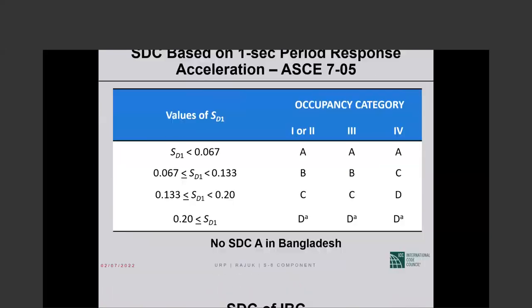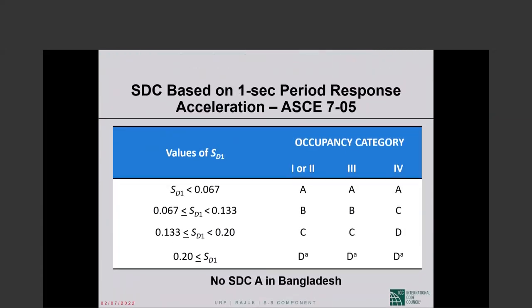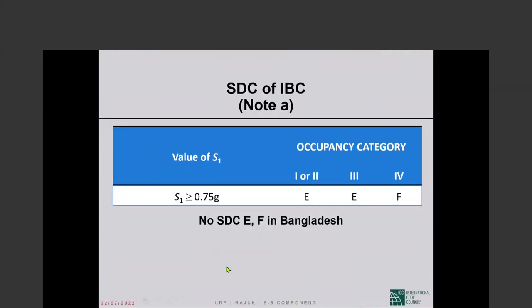Okay. Now, the tables give you A, B, C, D, but then there are those notes to go with the table. And the notes we have translated into a little table. The notes actually say, if your site is located where the mapped long period ground motion can be larger than or equal to 75% of gravity.